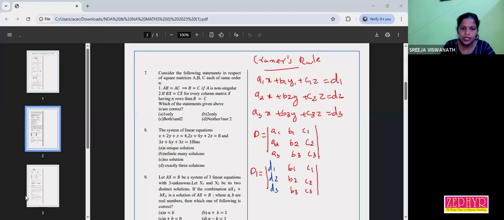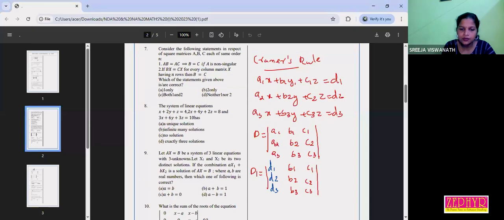Now D2: the first column remains the same, A1, A2, A3, replace the second column with the constants D1, D2, D3, and the third column remains the same, C1, C2, C3.